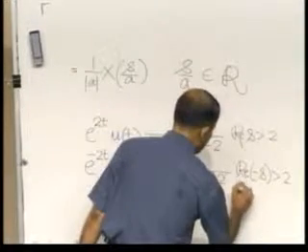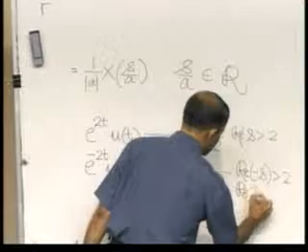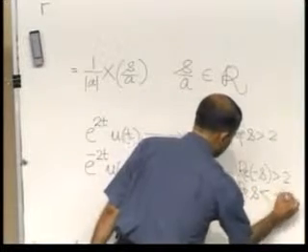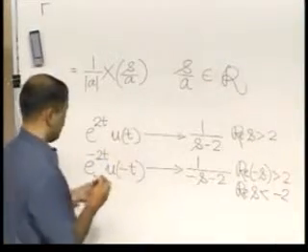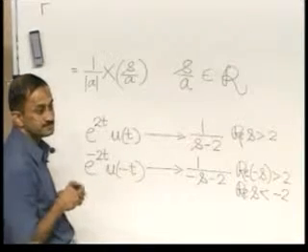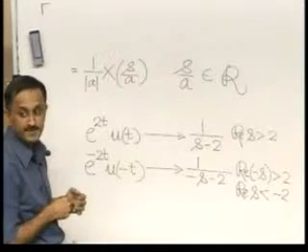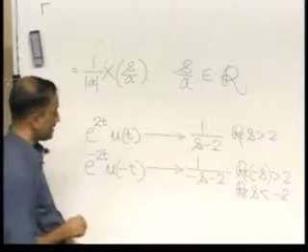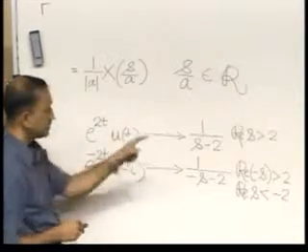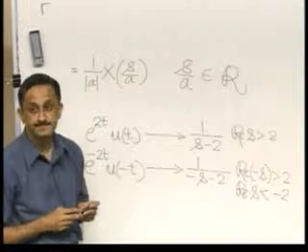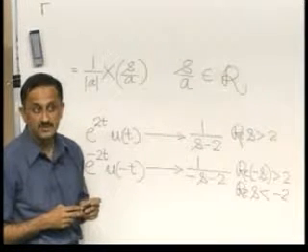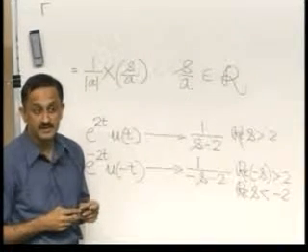That means the real part of s is strictly less than minus 2. Is that right? So, it is very important, the sign is very important in determining the region of convergence. Yes, the region of convergence can change drastically.